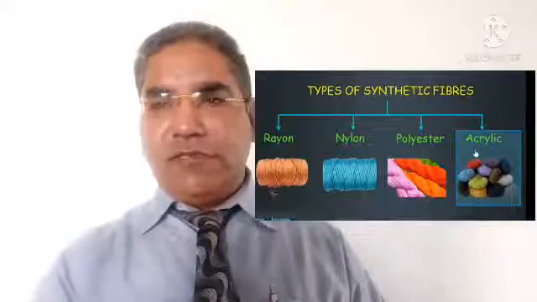Natural fibers may be obtained from cotton fiber, jute fiber, and from the coconut fruit, and this fiber is known as coir fiber.